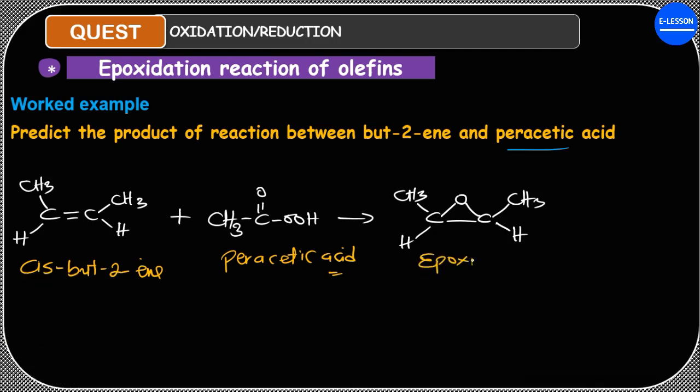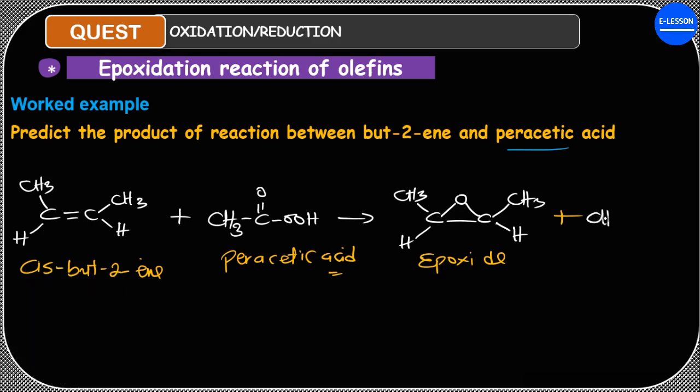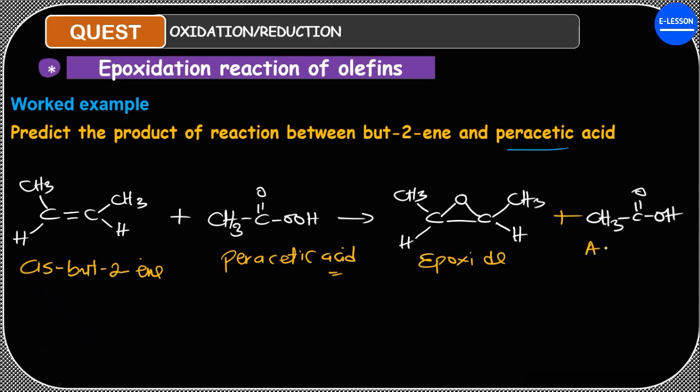So this is the epoxide, plus the other product that will be formed would be acetic acid, which is CH3, C double bond O, OH, right? And that is acetic acid. Is that okay? That is acetic acid, and that is the product of this reaction.